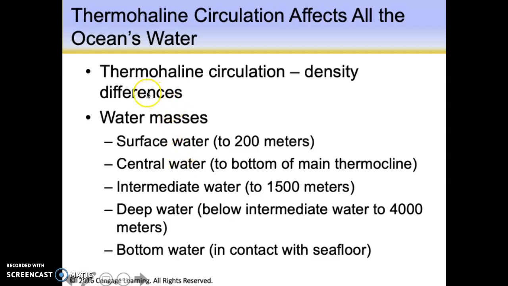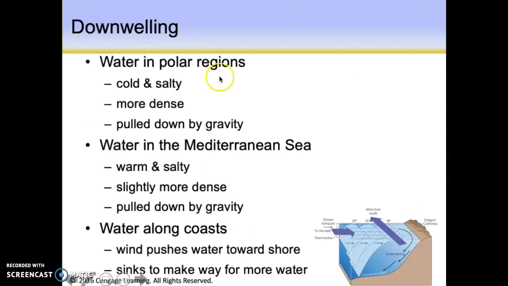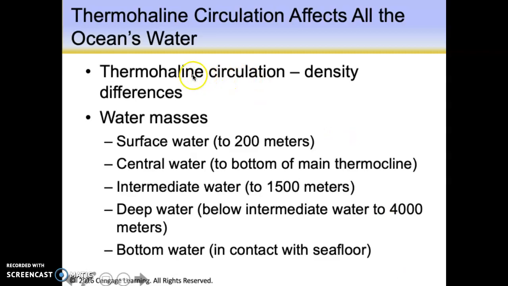Now, if you break apart that first word, thermo refers to temperature, haline refers to the salinity of the water, and so thermohaline circulation, if we go back here, we see cold, salty water is more dense and it sinks. That's really where that name comes from. It's this cold, salty water, more dense, sinking down into the ocean.